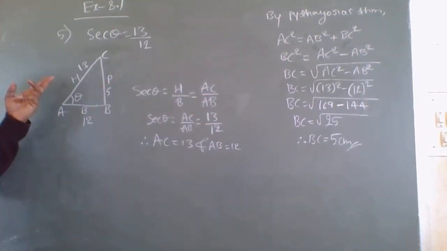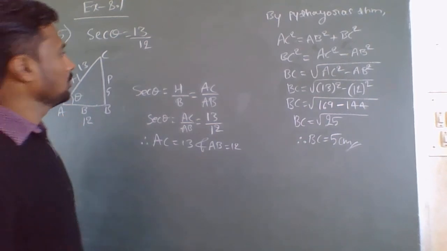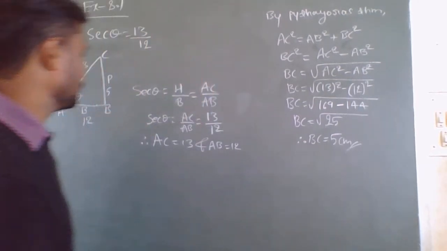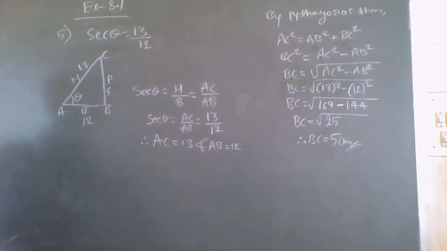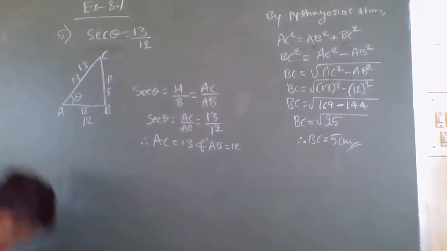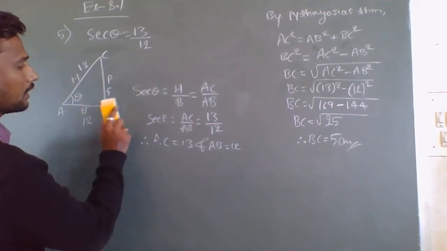Already they have given the length of the hypotenuse 13 and the base 12, so now we can write all the other trigonometric ratios. First I will write sin theta.